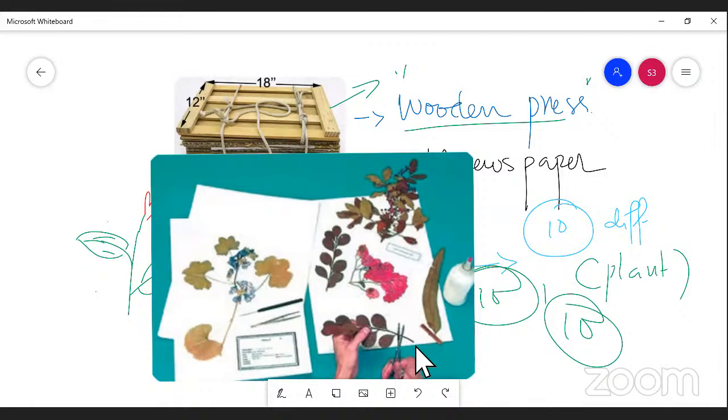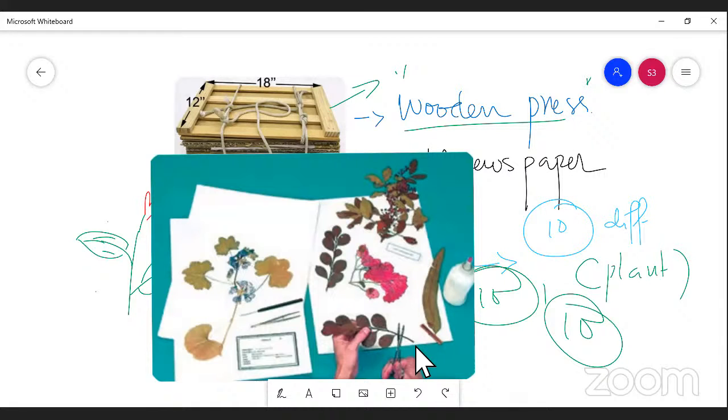What is its genus name? What is its species name? Then what is its family? Then what is its order? Then what is its series? So all the data related to a particular plant, which are collected and given in the boxes, right? So that is called a herbarium.